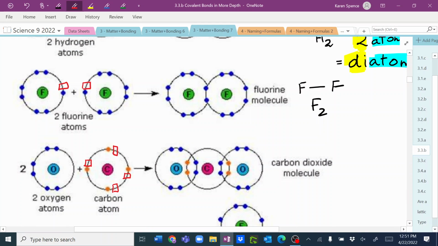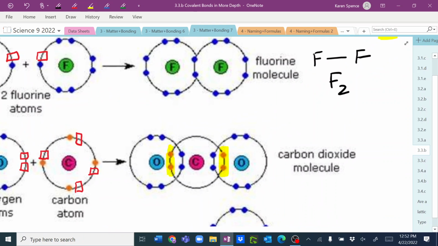And oxygen has 1, 2 holes. So we're going to have to do something a little bit differently. We're going to have the carbon share 2 of its electrons with the 1 oxygen and 2 of its electrons with the other oxygen. And don't worry too much about figuring out how you know that, okay?